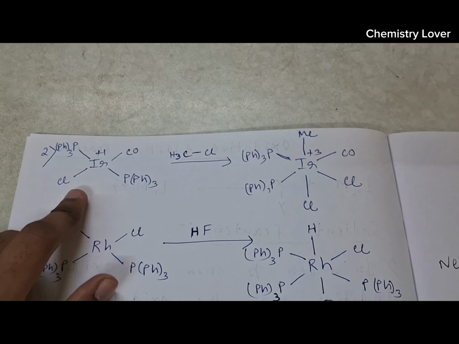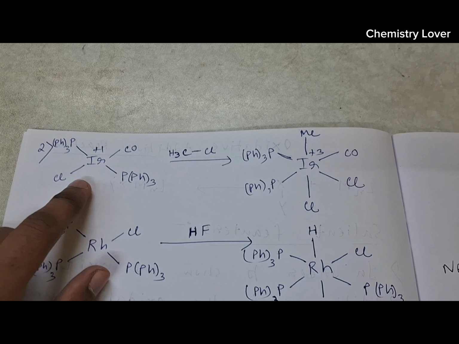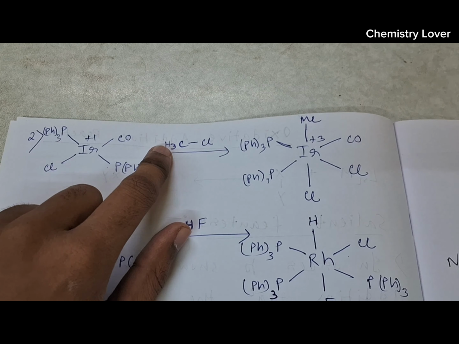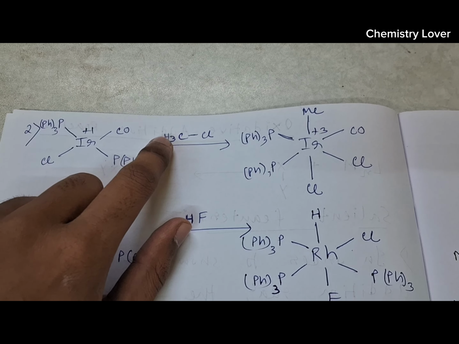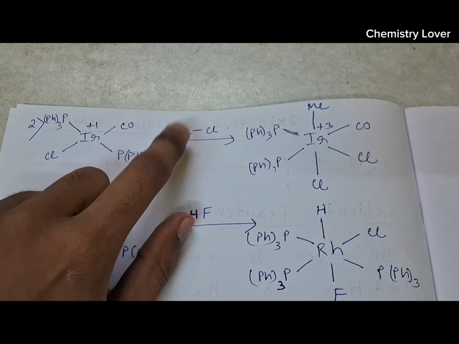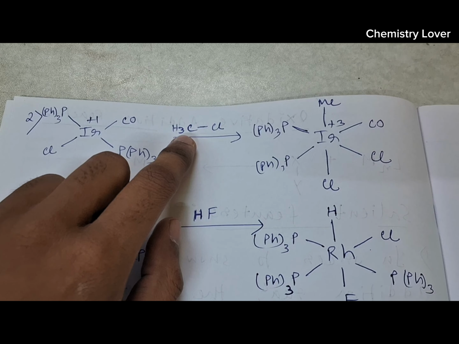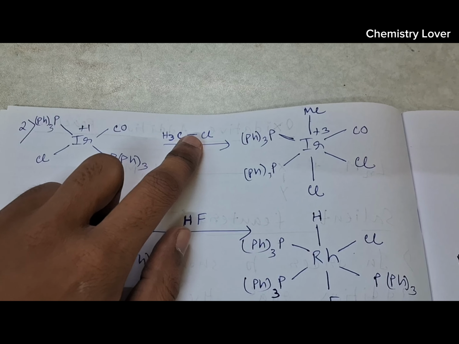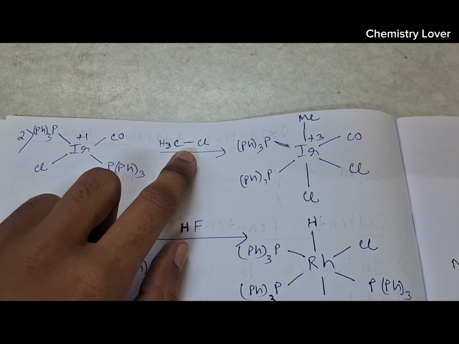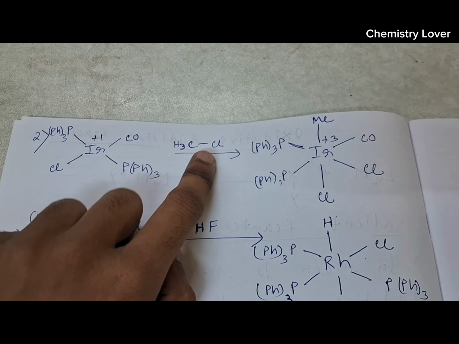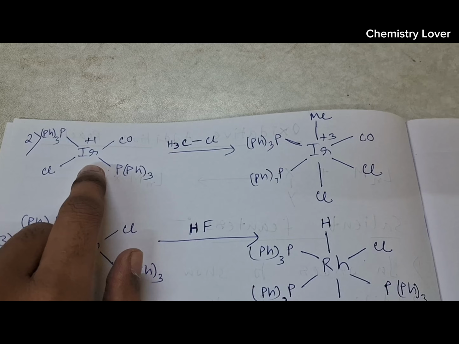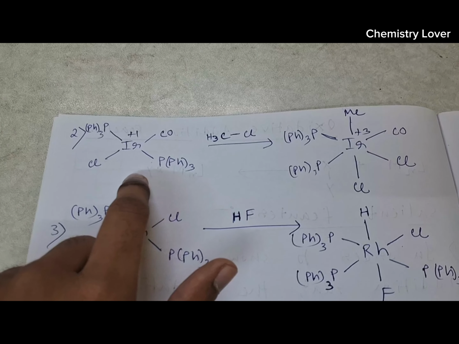Here is another example. I have taken the same complex but the compound is polar, because it is an alkyl halide. It is methyl chloride and it is basically a polar compound, because methyl has partial positive charge and Cl has partial negative charge. So this is a polar system and it also undergoes oxidative addition with the given complex.